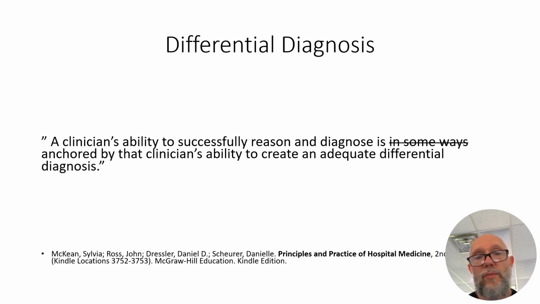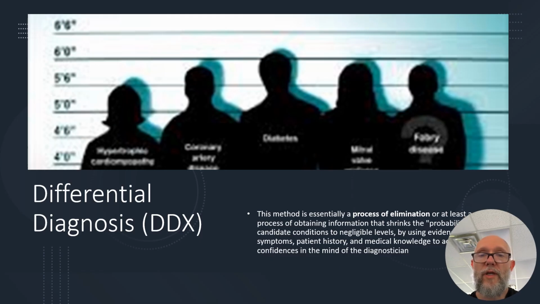A clinician's ability to successfully reason and diagnose is anchored by the clinician's ability to create an adequate differential diagnosis. It's not optional. We have to have it, and we have to have it every time. So if you think about your differential diagnosis, it's kind of a list of potential antagonists. Who done it, right? Could be any of these 5 bad actors.